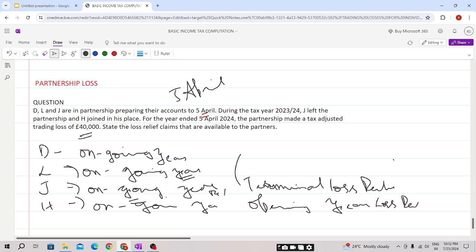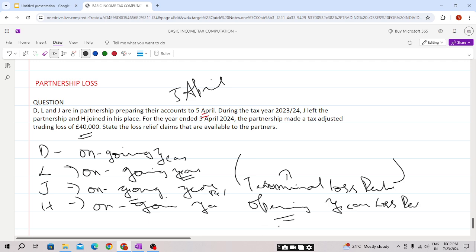That is, the loss can be claimed for the previous 3 tax years on a LIFO basis, but first we need to set off against the current year trading income.